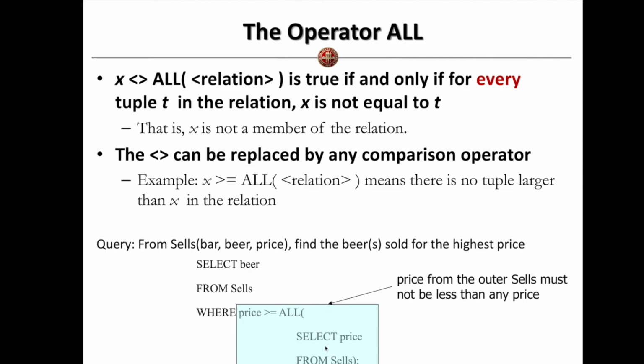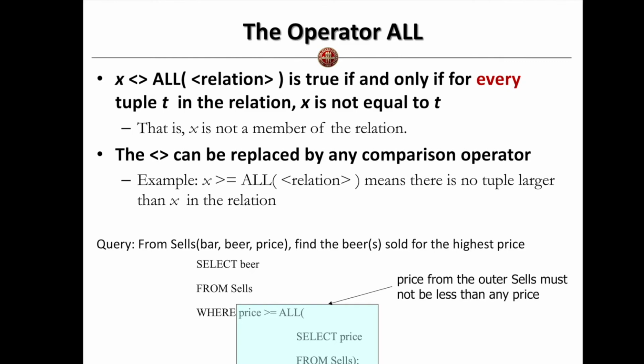It denotes what? It denotes this price is no smaller than all the values inside the subquery, right? And these values inside this subquery denote all the prices in this sales table. So it means this price is no smaller than any price in the sales table. In other words, this price will be the highest price in the sales table, right?